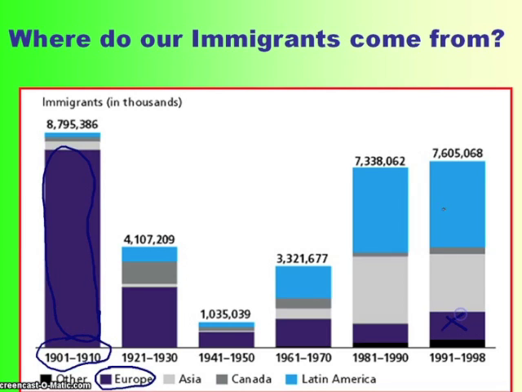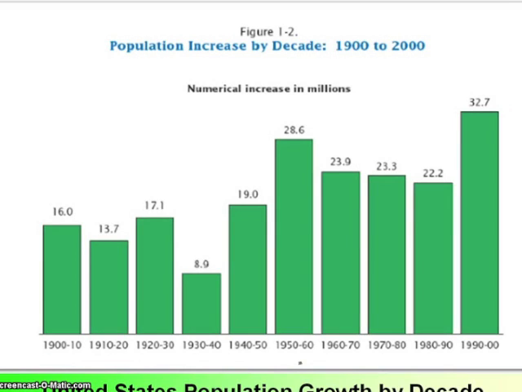Here's your European countries, but now most of the people coming to our country actually come from Latin America, Mexico, Argentina, places south of our southern border. And population increased by decades, you can see that in 1900 to 1910 we grew quite a bit, and then things dropped a little bit, but now all of a sudden we're starting to add quite a few people each decade again.